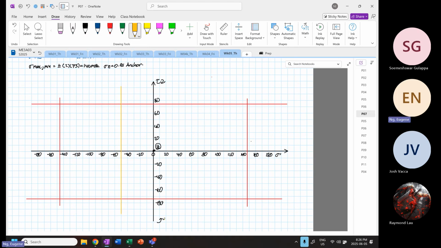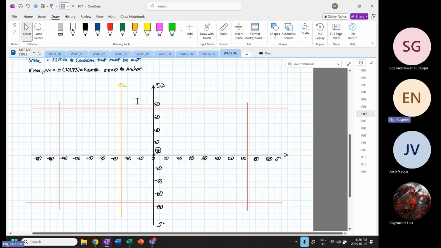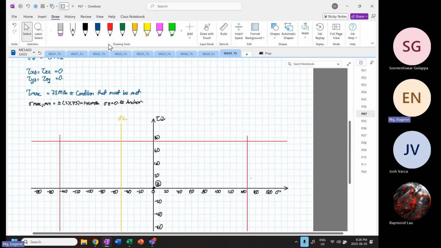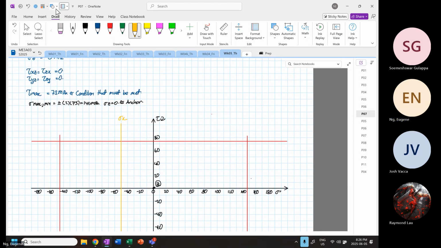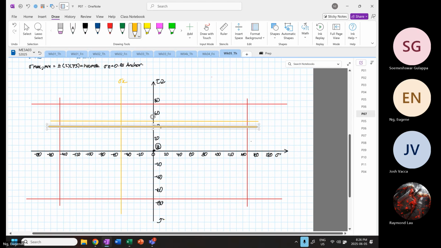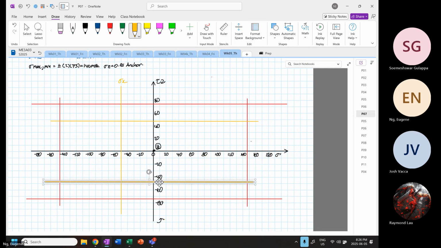This is our stress X. And then our shear, I can't remember now, 48. Okay, 48.